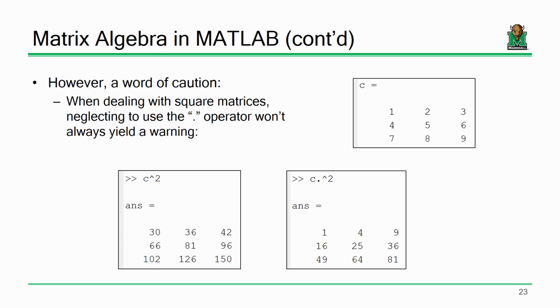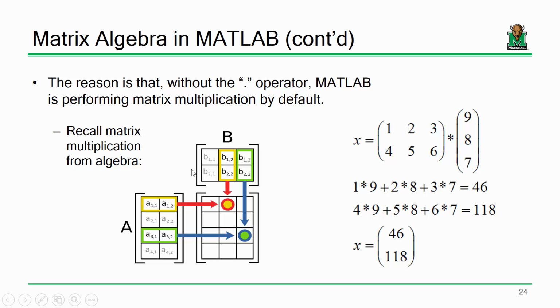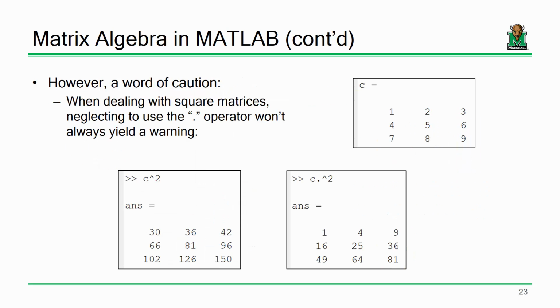Just for a square matrix though, because what it's doing if you say squared on an already square matrix is, you may remember that matrix multiplication where, for example, you're multiplying each row by another column, and so for example, this 30 comes from 1 times 1 plus 2 times 4 and 3 times 7, all added together.